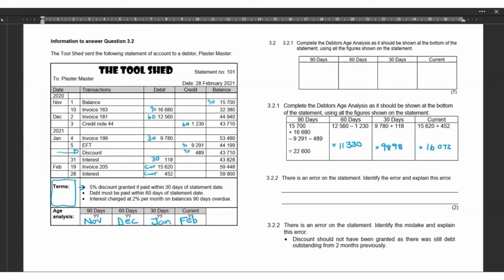However, the bookkeeper did not take into consideration that that payment wasn't for December's date. It wasn't for this. That payment was indeed for our 90 days date. So it was more than 30 days. And here is your answer for that. And that's your 2 marks.